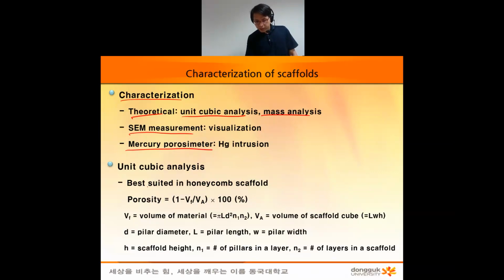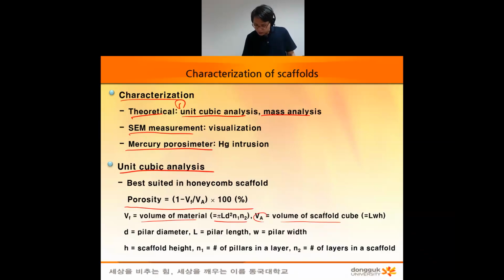Okay, let's think about the first method, unit cube analysis. It's best suited in honeycomb scaffolds. Porosity is expressed in this equation, where VF means volume of materials, and the volume of materials can be calculated with this method. And VA is volume of scaffold cube.